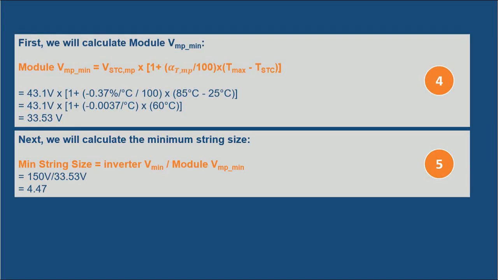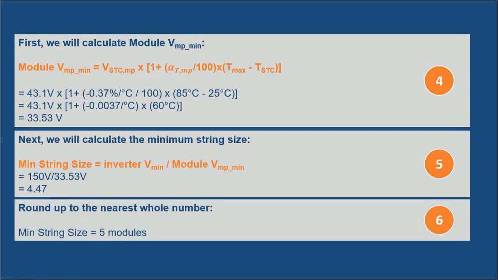To know the minimum number of modules that can be connected in series in each string, we take the minimum inverter voltage over the module minimum voltage, and we get 4.47. To be on the safe side, we round it up so that we guarantee that we are above the minimum accepted voltage. So we come up with 5 modules.